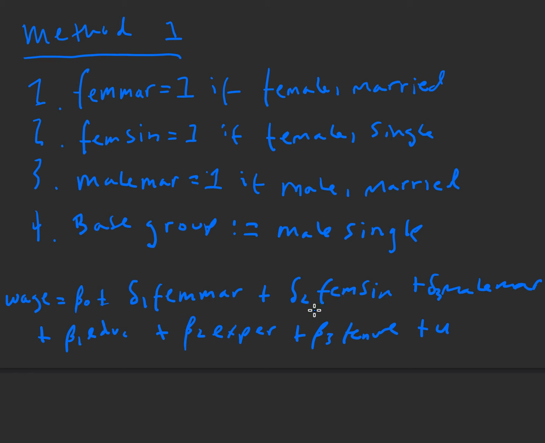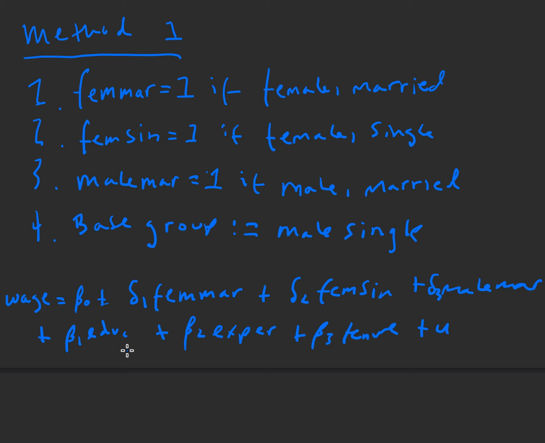And what are we saying all else equal? The all else equal stuff is all of this stuff: the education, the experience, the tenure, and the other stuff that's important for wage but unrelated to our included variables. So this is our first method.